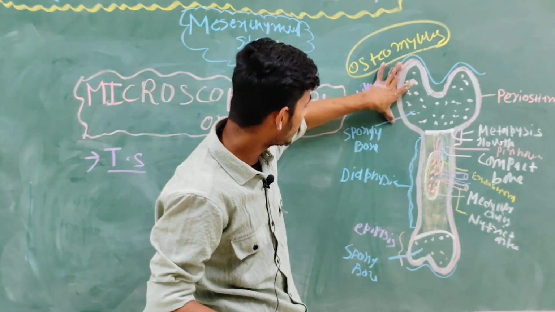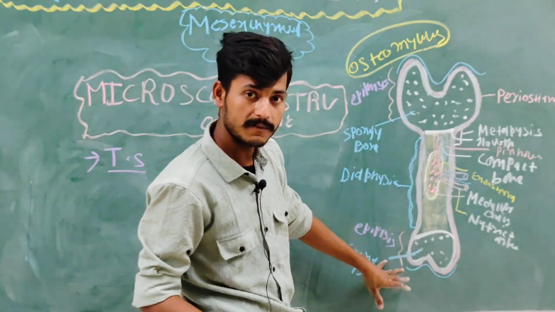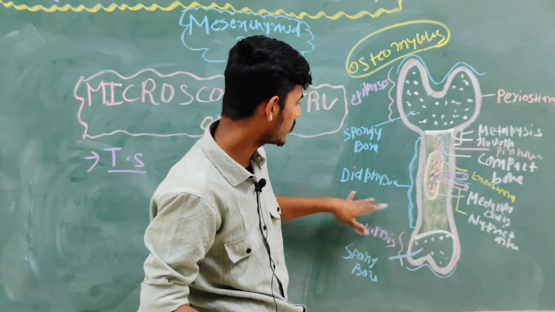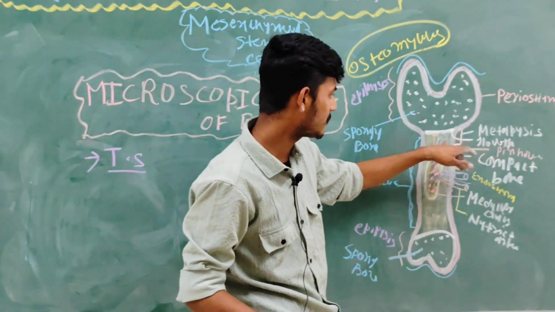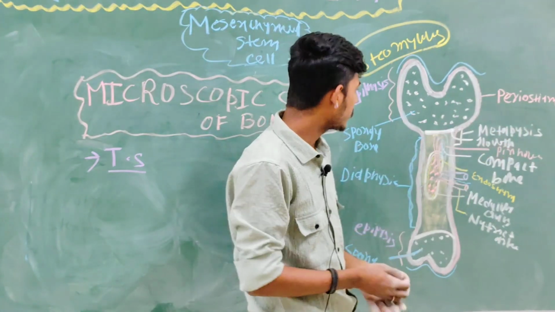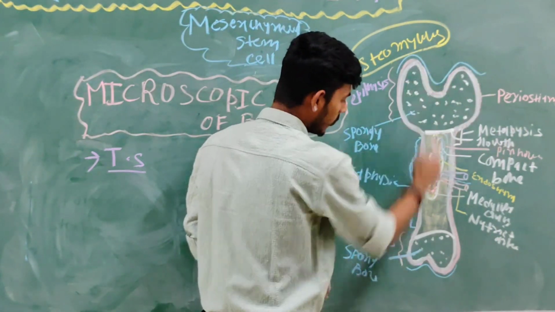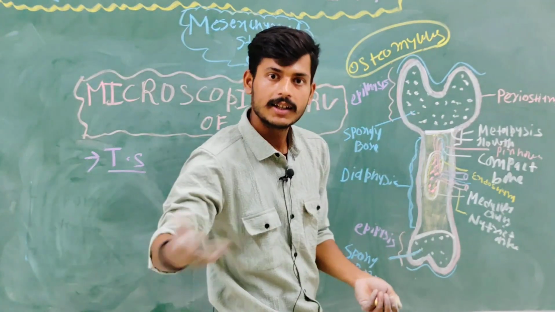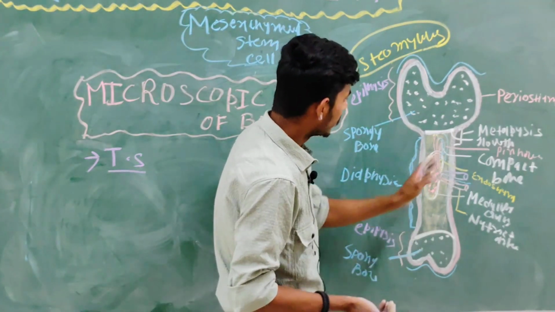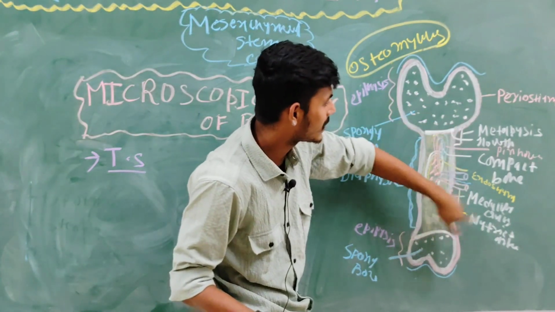The upper and distal parts of the bone are called the epiphysis, whereas the shaft of the bone is called the diaphysis, and in children there is the presence of the growth plate, and this area is called the metaphysis. Understood? Then there is an articular membrane at both ends of the bone, which articulates with the subsequent bone. Then the part of the bone which is densely packed is called compact bone.